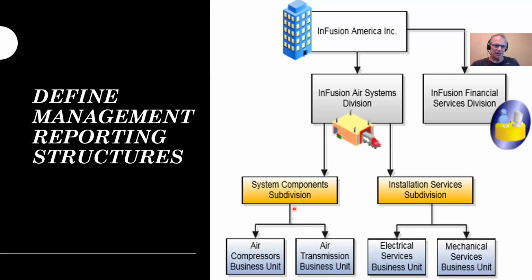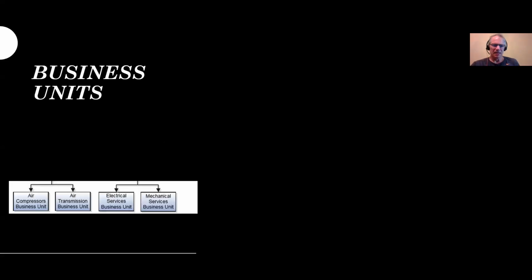My thought is that this type of structure should be applicable to any high-end ERP, because that's what they're built for, to deal with international organizations and multiple divisions, subdivisions, and business units. At this point, I'm drilling down. You can see the individual business units.